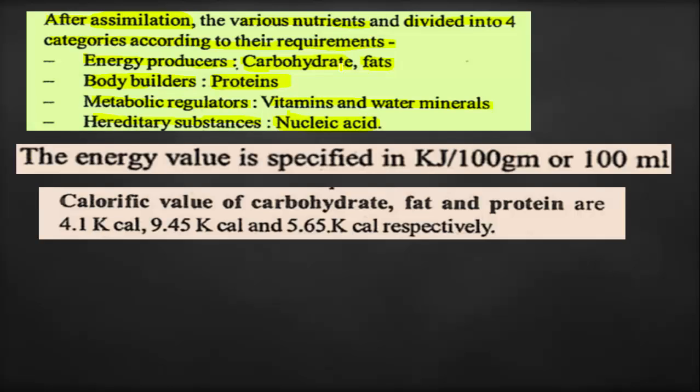Then the energy value is specified in kilojoules per 100 gram or 100 ml, and here is the caloric value of different energy molecules. The caloric value of the carbohydrates is 4.1 kilocalorie.